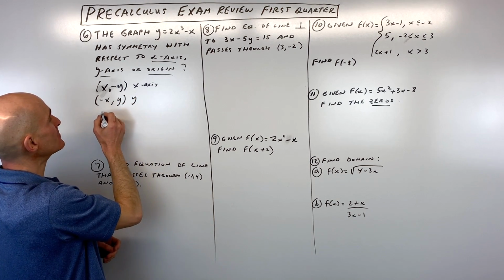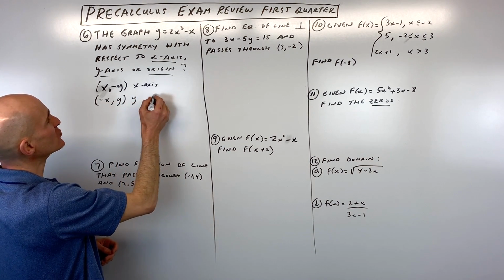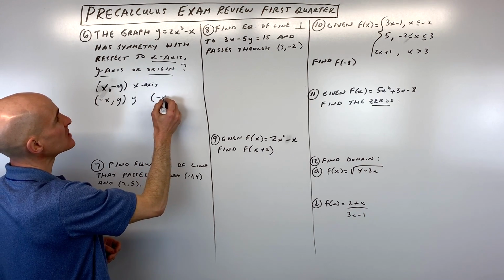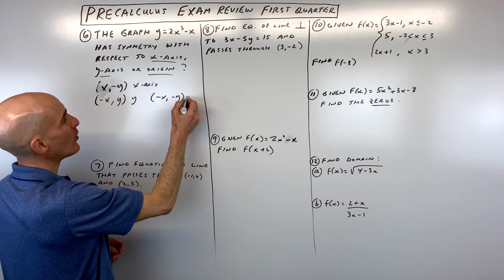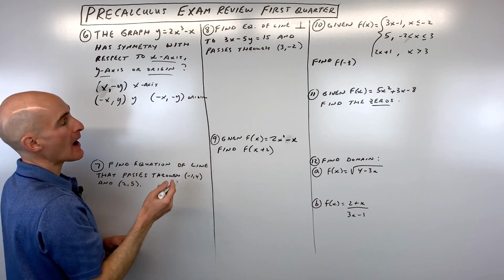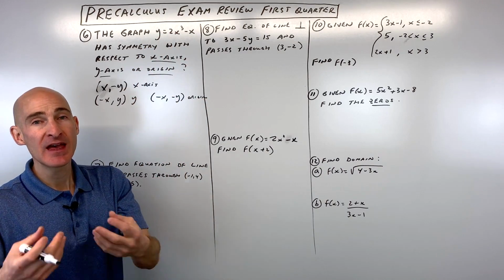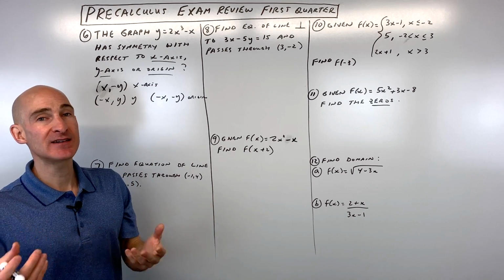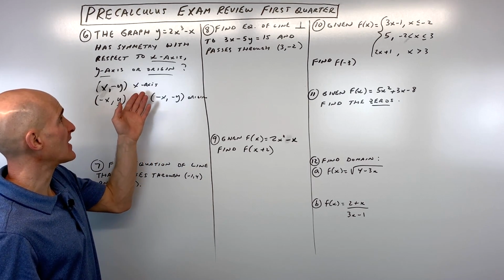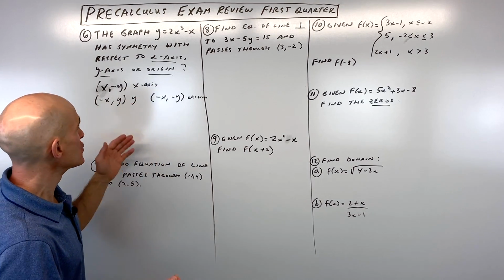That's y-axis symmetry. If you're testing for origin symmetry, you replace both x with negative x and y with negative y. When you do those substitutions and simplify, if you get the original equation back, that tells you that it has symmetry with regard to the x-axis, y-axis, or origin. So I'll show you what I mean.